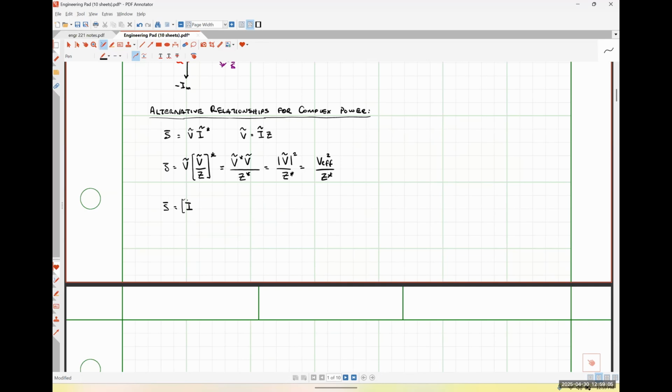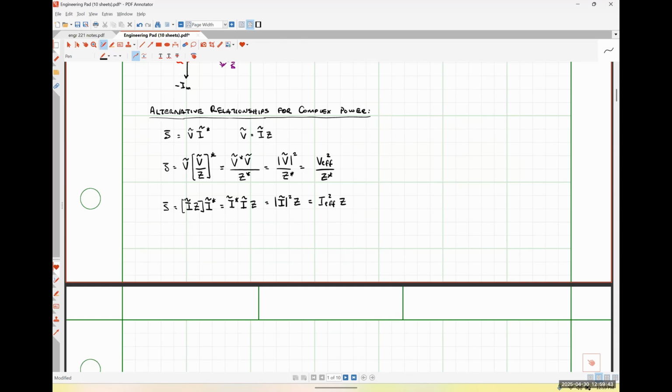So I would have I times Z multiplied by I conjugate, which is the same thing as I conjugate times I times Z, or the magnitude of my RMS phasor current squared times Z, or simply I effective squared times Z. So whenever I'm using my current relationship, I don't have to conjugate my impedance.